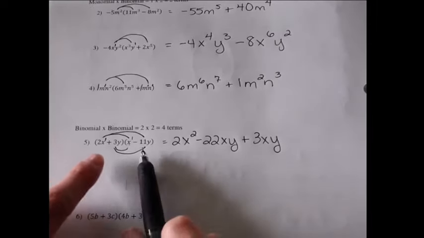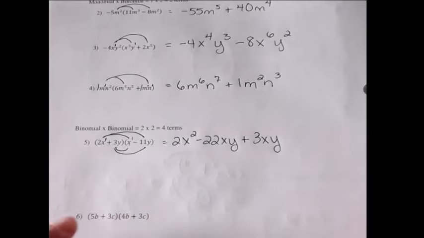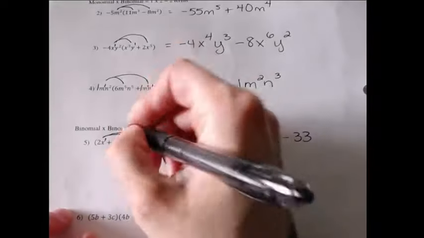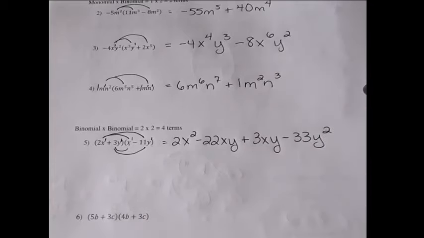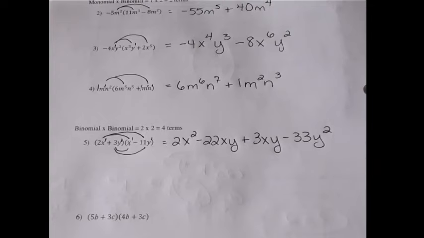And last but not least, we have 3y times a negative 11y. Well, 3 times a negative 11, that's a negative 33. And then y times y, or y to the first times y to the first, is keep the base, add the powers. 1, 2, 3, 4 terms.